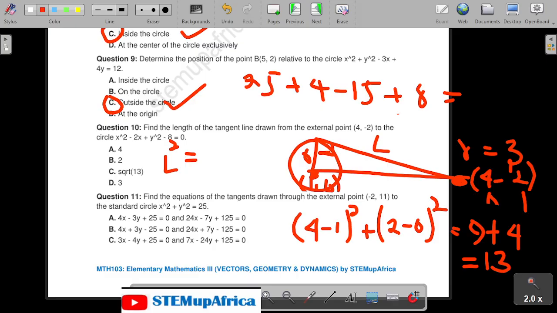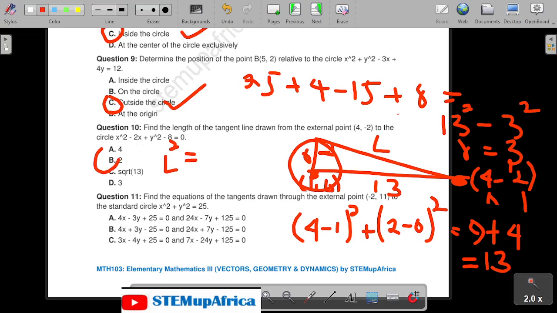So the length squared, this whole distance squared is 13, the radius is 3. I'm going to have 13 minus 3 squared. So 13 minus 9, that is 4.